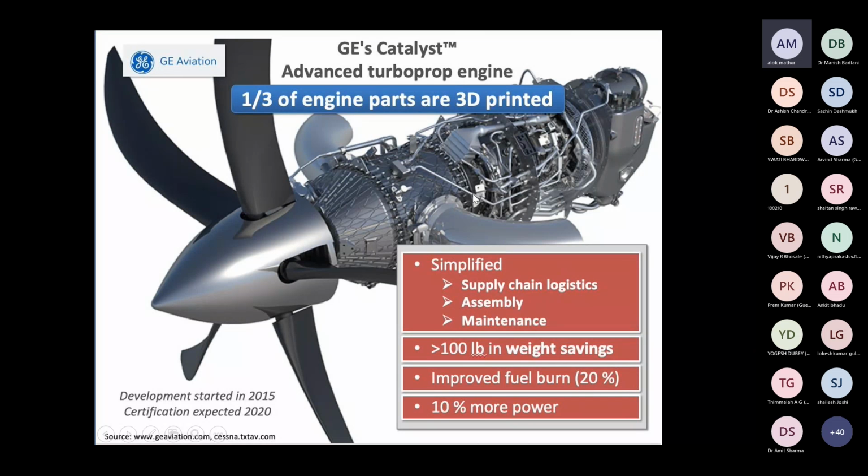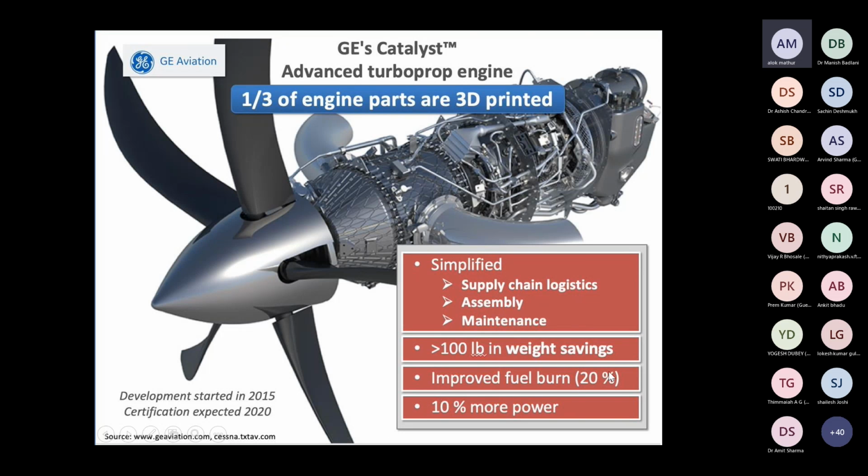This engine has used the simplified supply chain logistics, better assembly methods, and maintenance is also easier. More than 100 pounds reduced weight than earlier engine. 1 pound means 453 grams, so you can say around 45 kg of the weight is reduced.